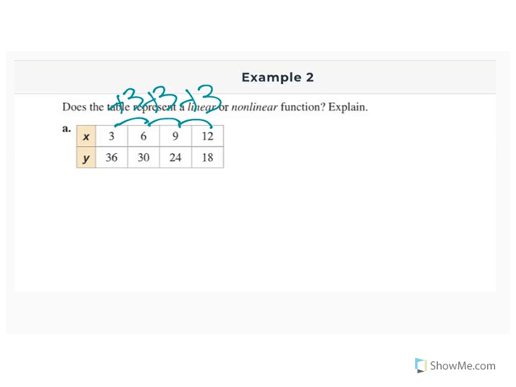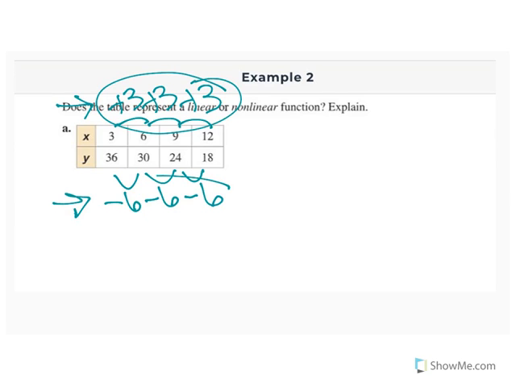Not necessarily the same, doesn't have to be plus 3, but it has to be constant, meaning it has to be the same for each time you go, in this case, down. So we're going to go down by 6, down by 6, down by 6. So this is also a constant rate of change. Again, this doesn't have to be the same as this, but these all have to be the same, and these all have to be the same. So if they are, then this is linear. If, say, this middle one had gone up by 4, then it would be nonlinear.